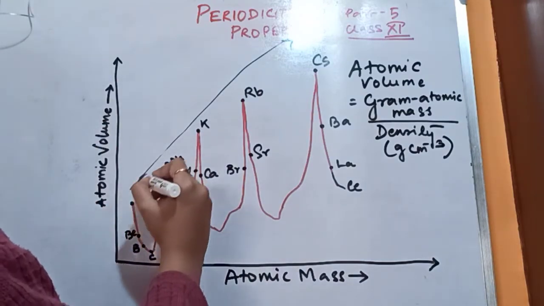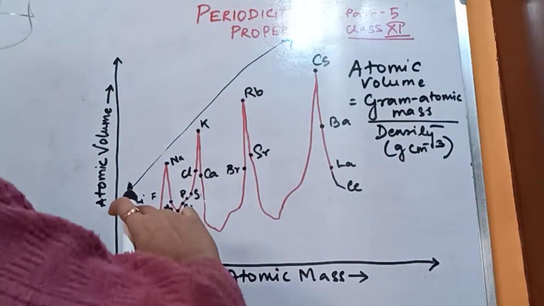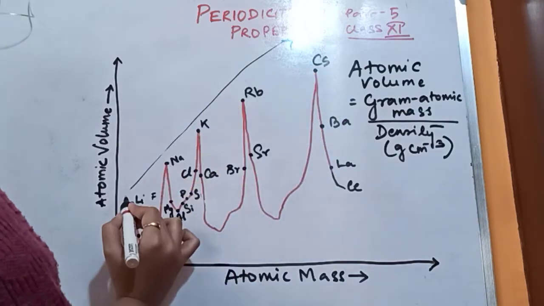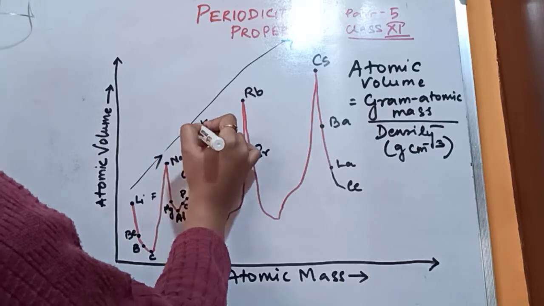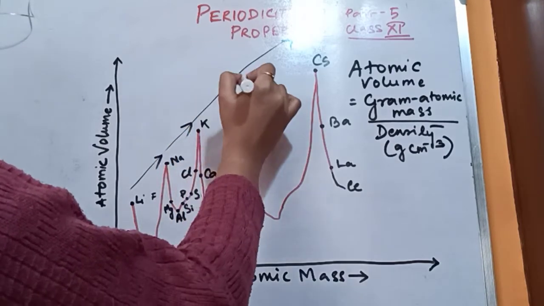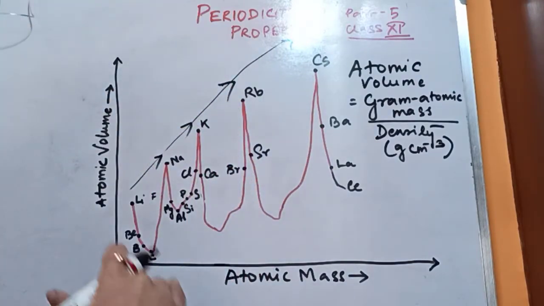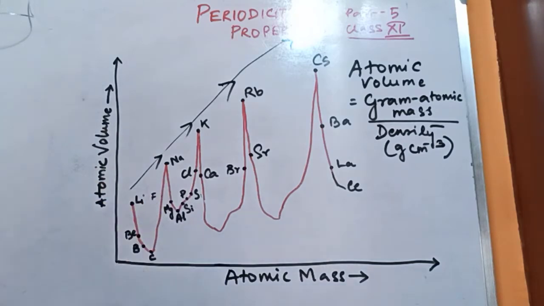For lithium, sodium, potassium, rubidium, cesium, as we move from lithium to sodium the atomic volume increases, from sodium to potassium it increases, from potassium to rubidium it increases, from rubidium to cesium it increases. So it increases as we move down the group.